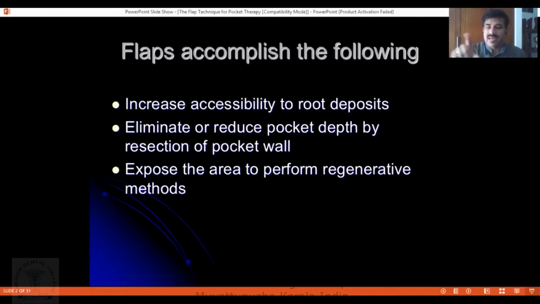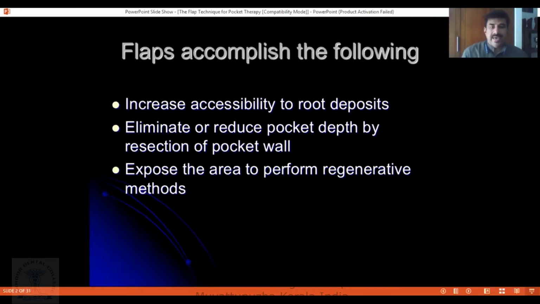One is you have greater access to the root surface; you can clearly visualize the root surface. As a result of the different types of incision that you put during a flap surgery, you can eliminate or reduce the pockets. Also, when you reflect the flap, you are exposing the underlying bone as well as teeth.